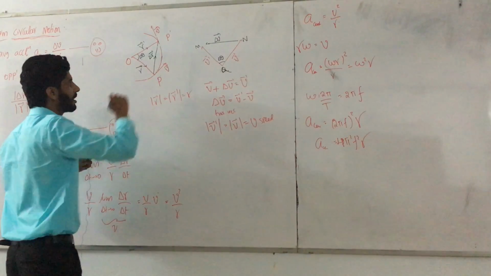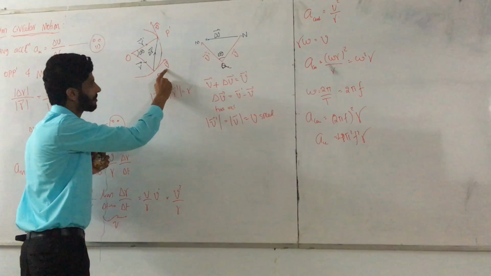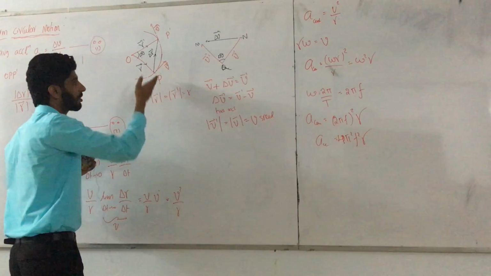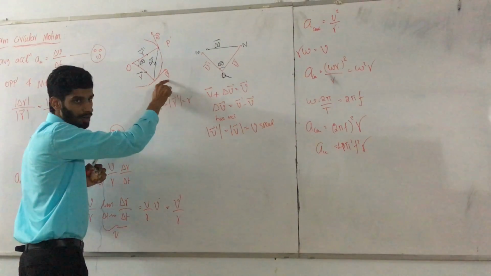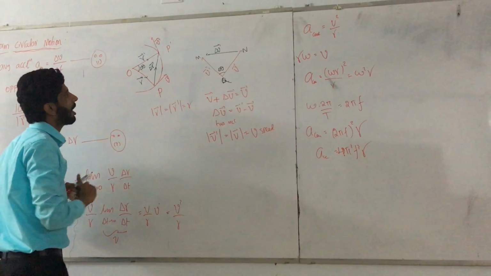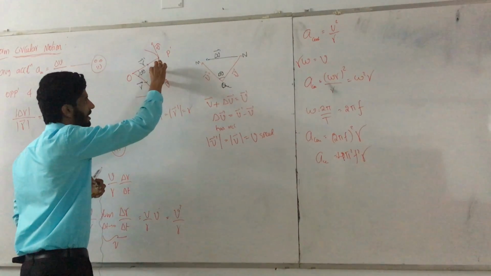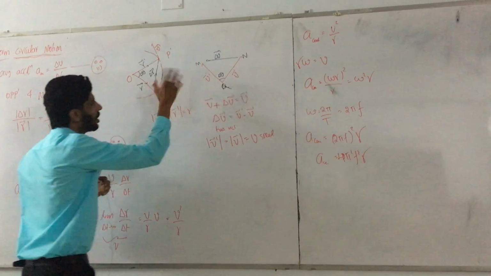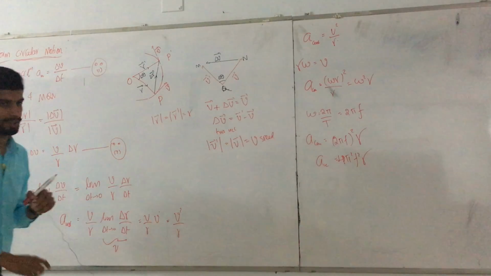So r is a radial vector, and v is the velocity along the tangent drawn at the point P. This radial vector and the velocity are perpendicular, that means a 90-degree angle, and even for r dash and v dash. So the resultant displacement and the resultant velocity are perpendicular to each other, always directed towards the center.